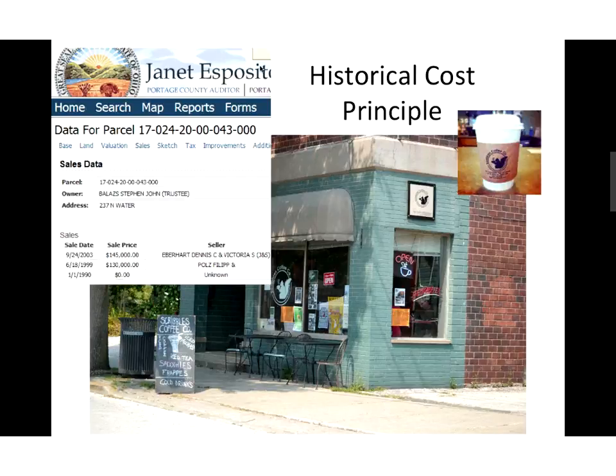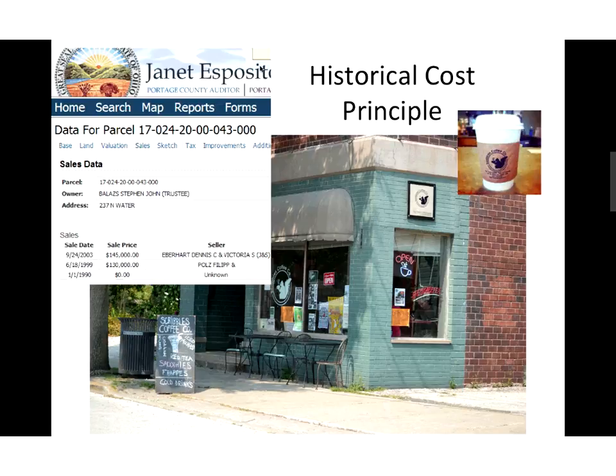Historical cost principle. Anybody recognize that? Scribbles, right? Okay. So what I've got here is the sale price. You can go to the Portage County Auditor website and basically search for any business or any real estate. So this is actually 237 North Water, which is Scribbles.